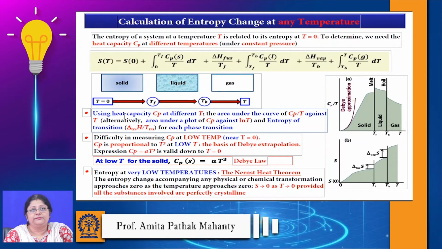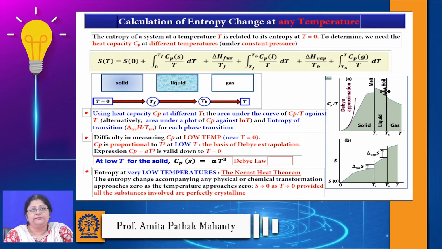Now, using the Cp at different temperatures, if you plot either Cp by T or Cp against ln T, the area under that curve gives you the entropy change. And if you calculate the entropy change at each of the transitions, you can get the total entropy change associated.